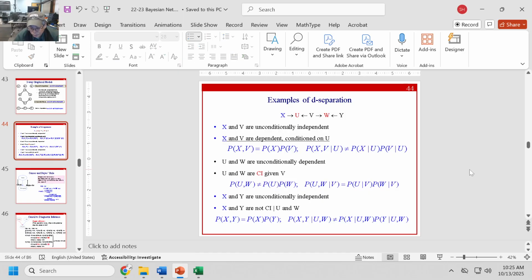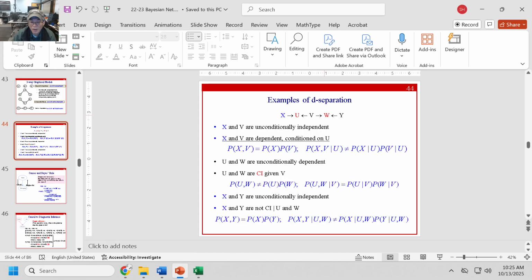Next, same theory on this side. V and Y are not related. But the minute I get W involved, they are conditionally independent given U. Hold on.